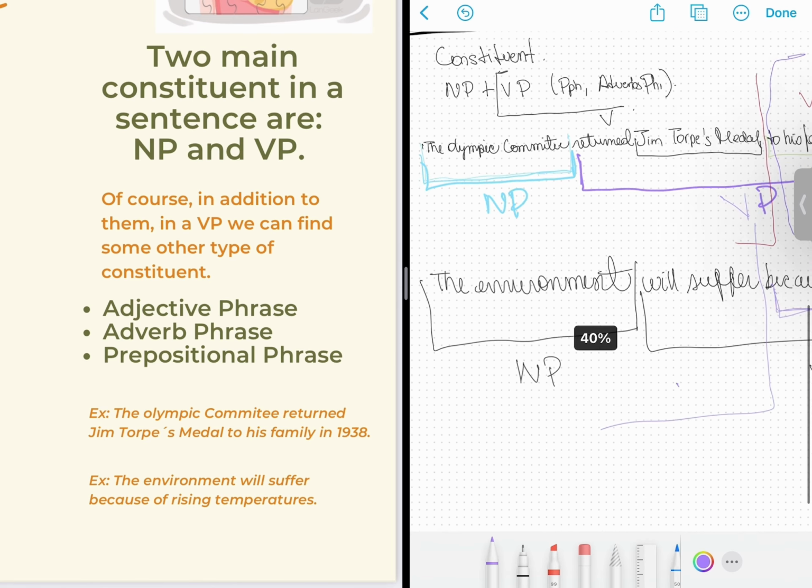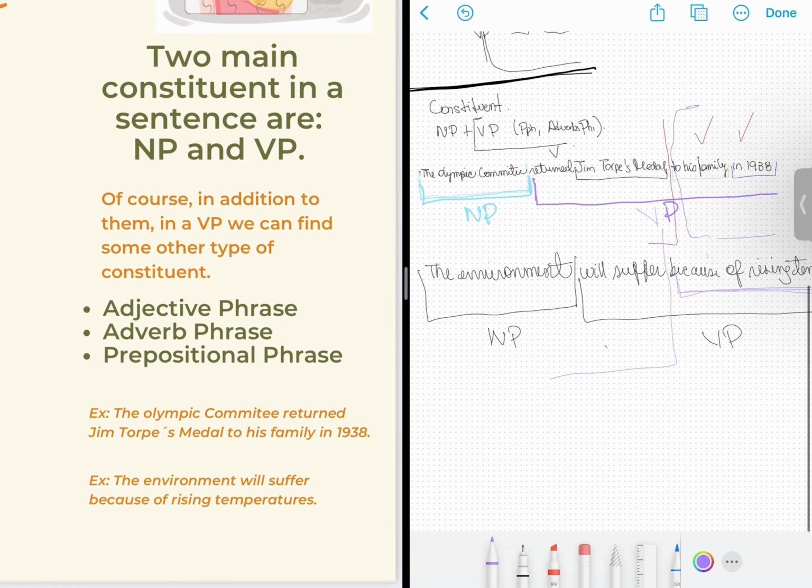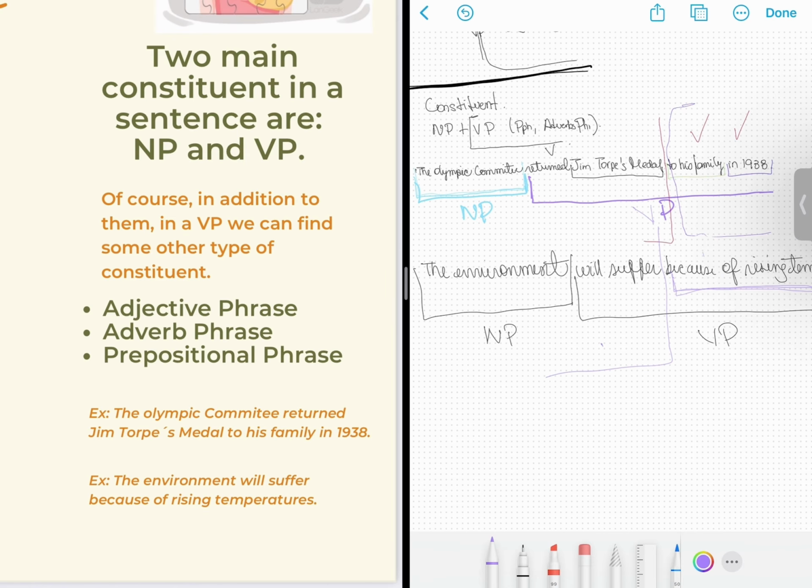Later on, we are going to see how we know they are constituents. So we are going to start next class with the following topic, which is a test to identify if in a sentence something is or is not a constituent.